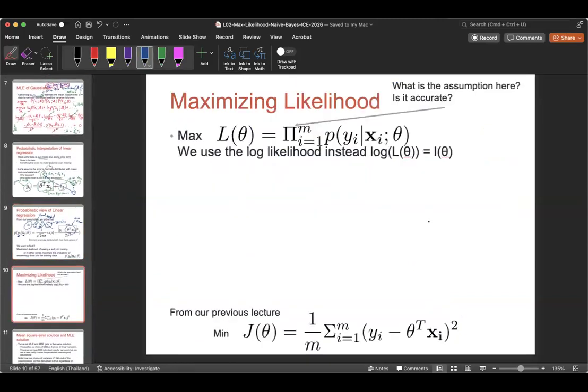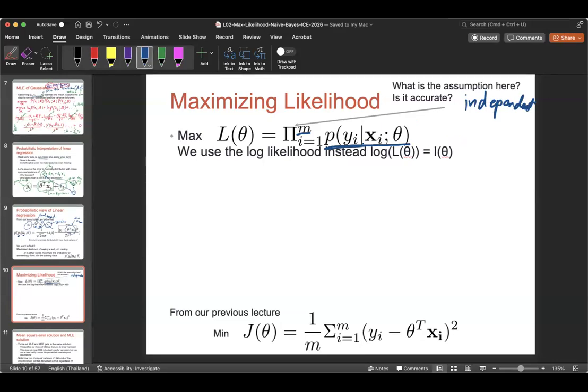And now we come to our maximum likelihood setup, which is: we have m data points. We want to maximize the probability. We're going to assume that each data point is independent. If they are independent, we just multiply the probability of each data point.